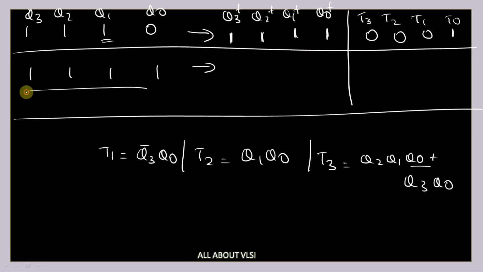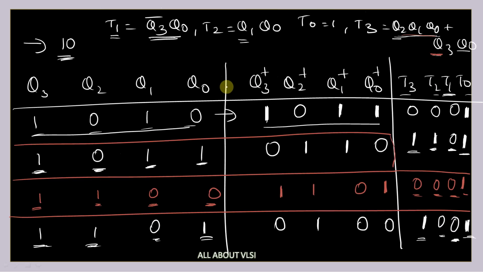Now, if my present state is equal to 15, let us find out the values of T3, T2, T1, T0 first, and from that, let us find out Q3 plus, Q2 plus, Q1 plus and Q0 plus. So here T0 is 1 itself, T1 is 0, T2 is equal to 1, and T3 also is equal to 1. So your Q0 plus value is equal to 0, Q1 plus value is equal to 1, Q2 plus value is equal to 0, and Q3 plus value is also equal to 0.